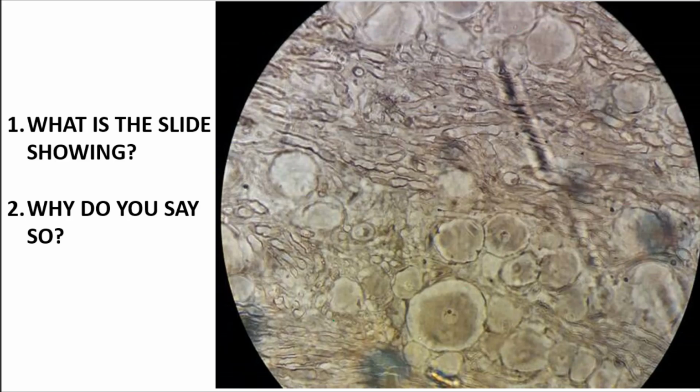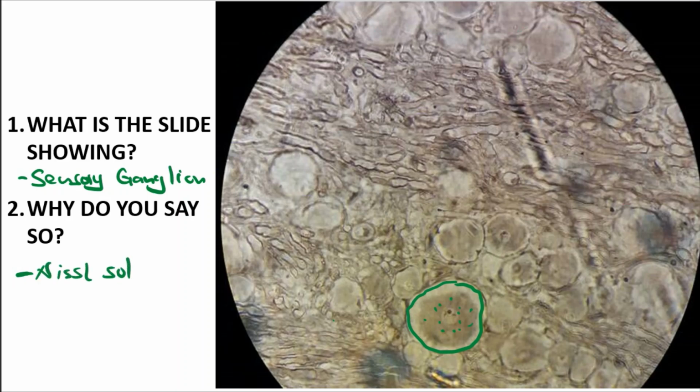All right, what is this slide showing? This slide here is showing the sensory ganglion. Why do you say so? This is a ganglion cell, and it has this black substance here. So it has Nissl substance. Nissl substance is simply rough endoplasmic reticulum in the cytoplasm.